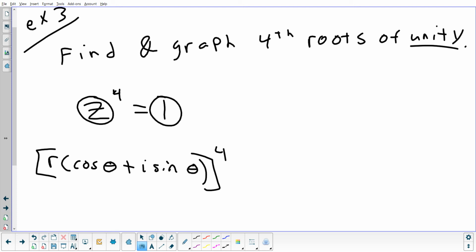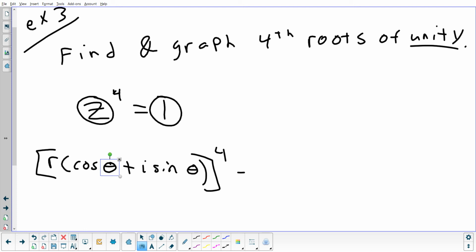We're going to be solving for z in trig form. What's the answer for z? I don't know. That's what we're trying to find in this problem. But once I do find it, I know that it's going to have a radius, and I know it's going to have an angle. I just don't know what the radius and the angle are yet. So that's how I'm going to represent it. So always change z to that, and you're going to solve for the r, and then you're going to solve for the theta, and that'll be your answer.